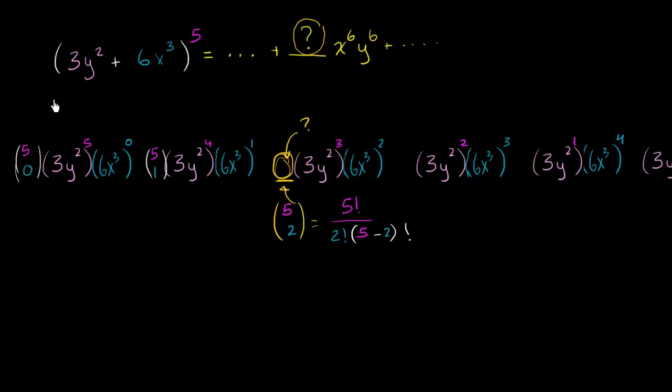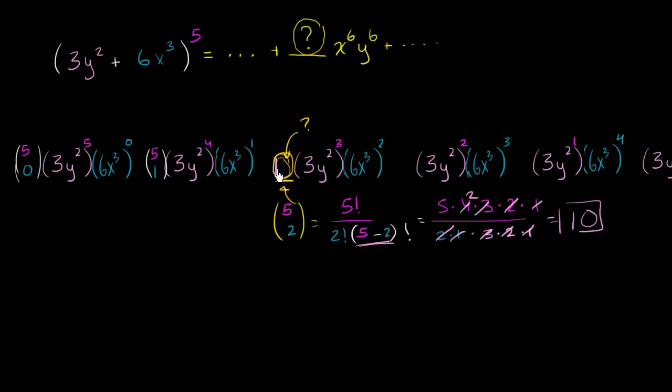And this is going to be equal to, let's see, 5 factorial is 5 times 4 times 3 times 2 times 1, over 2 factorial, which is 2 times 1, and then what we have right over here is 3 factorial, so times 3 times 2 times 1. This 3 could cancel with that 3. That 2 could cancel with that 2. The 1s don't matter. And then 4 divided by 2 is 2. So we're left with 5 times 2, which is equal to 10. So that's going to be this number right over here. This is going to be a 10.